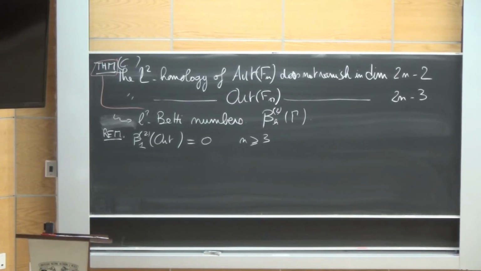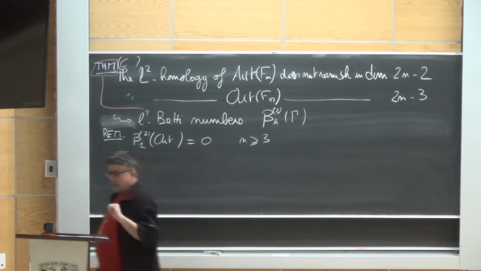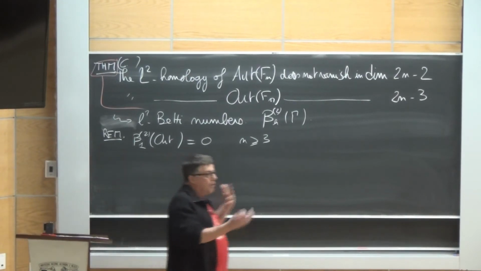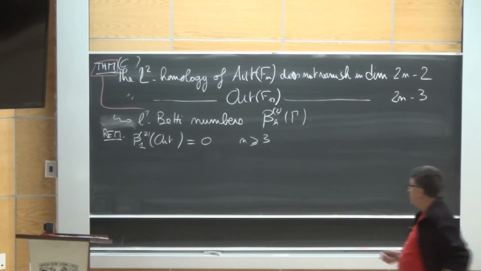So it is very particular. It's almost like a free group. And for higher n, it behaves more like SL_n(Z). So you have a dichotomy in some sense.